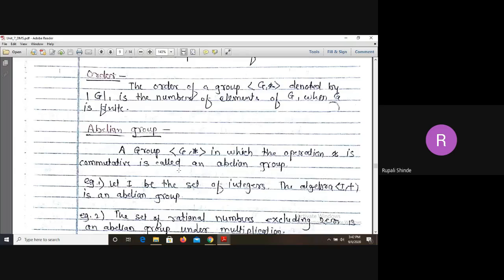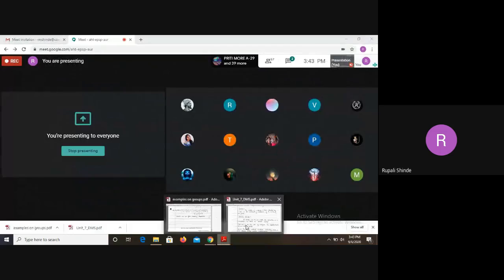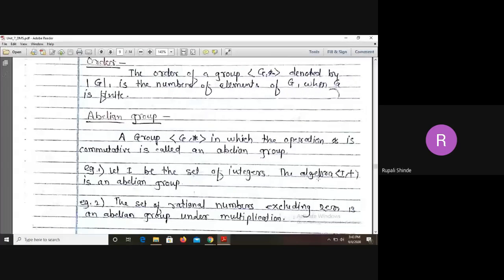Abelian group. What is the definition for this abelian group? A group G, star, in which the operation star is commutative is called an abelian group. That is, a group with a commutative property is called an abelian group. So here they have given one example: if you consider set of integers I and if you define operation of addition on it, then it will form an abelian group because this plus operation is a commutative operation.